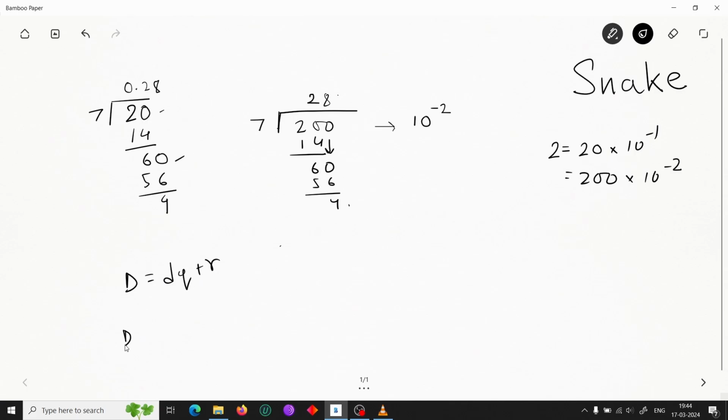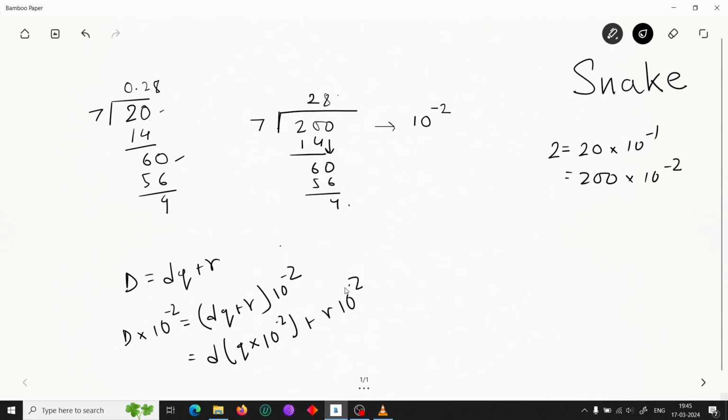Since we are changing the form of d, that it is 10 to the power minus 2, this section dq plus r will also be multiplied with 10 to the power minus 2. That means q will be multiplied by 10 to the power minus 2, and so will the remainder as well.